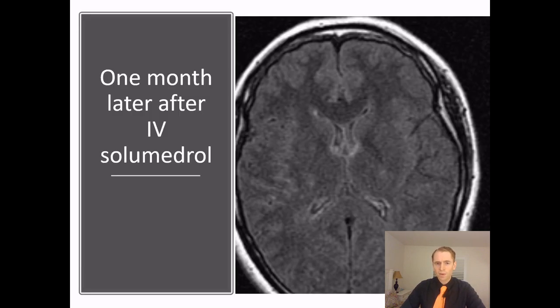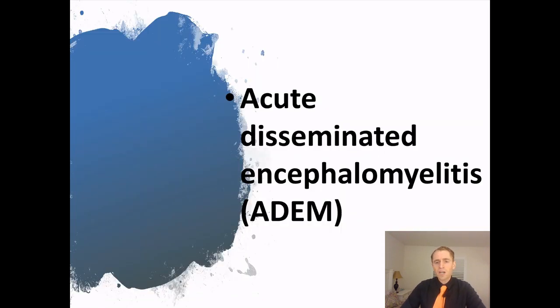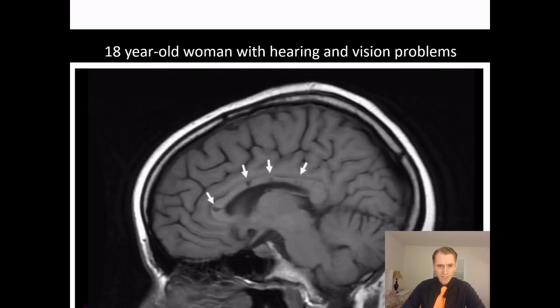However, follow-up MRI 1 month after IV Solu-Medrol showed complete resolution of the lesions, and this patient did not go on to have further episodes of neurological symptoms. This was acute disseminated encephalomyelitis, or ADEM, a uniphasic autoimmune disease of the nervous system, sometimes triggered by a vaccine or infection, not a chronic disease like multiple sclerosis.